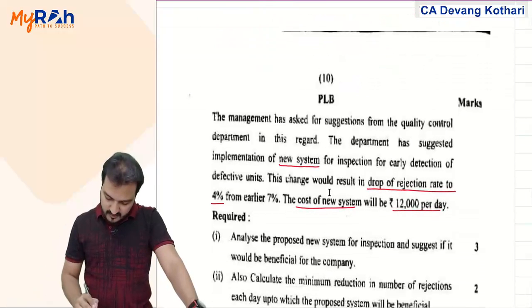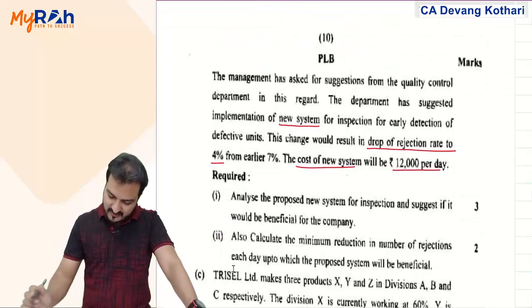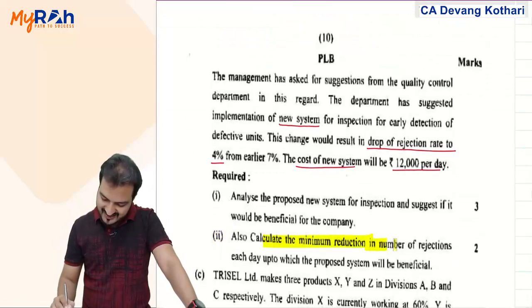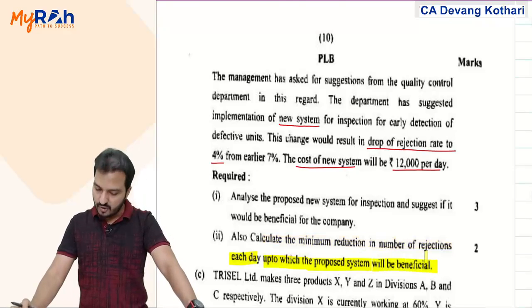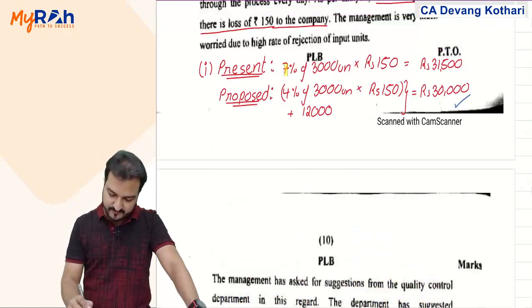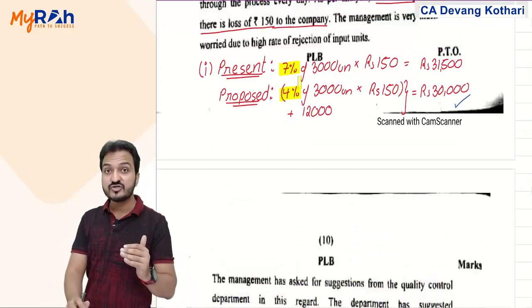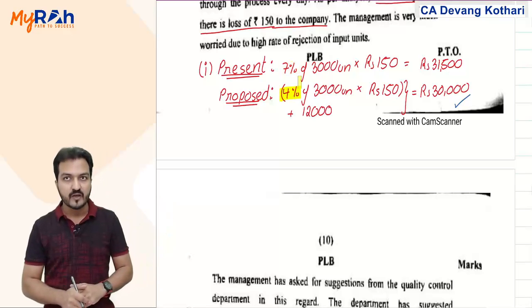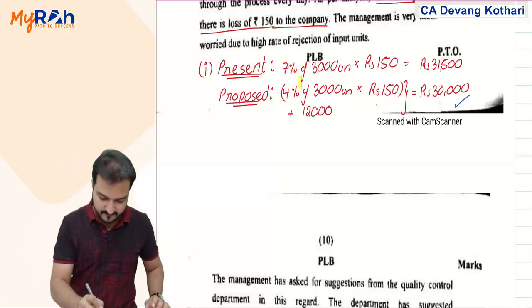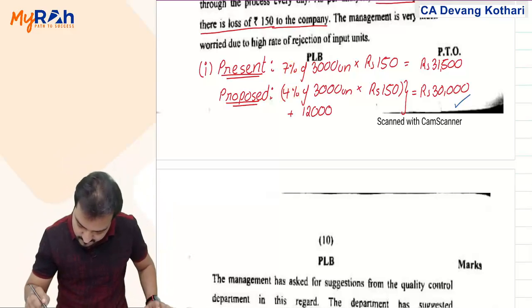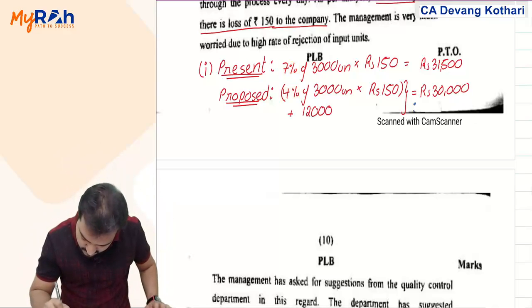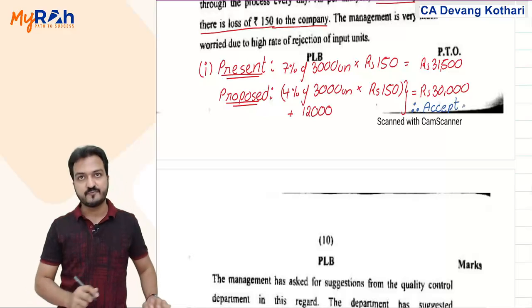And second question, also calculate the minimum reduction in number of rejections each day up to which the proposed system will be beneficial. Look, right now your rejection rate is decreasing from 7% to 4%. If the rejection rate is decreasing to 4%, I say new system is acceptable. I said that, therefore new system is acceptable.